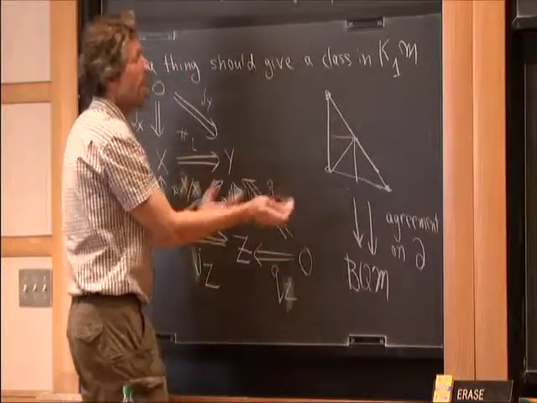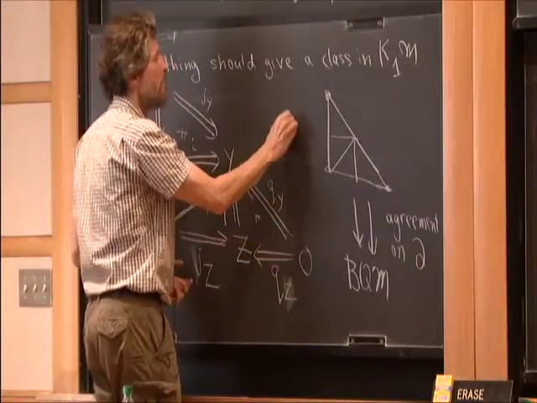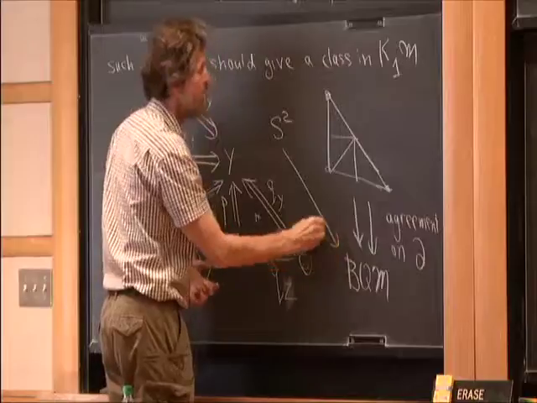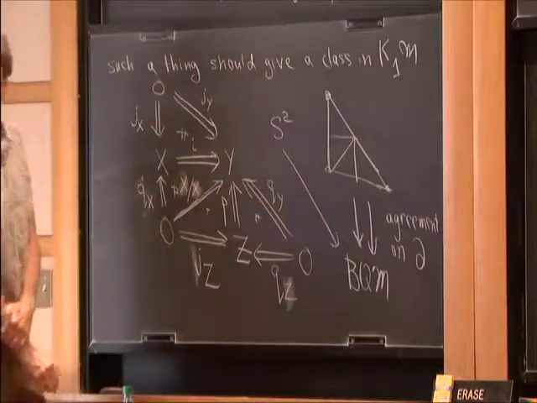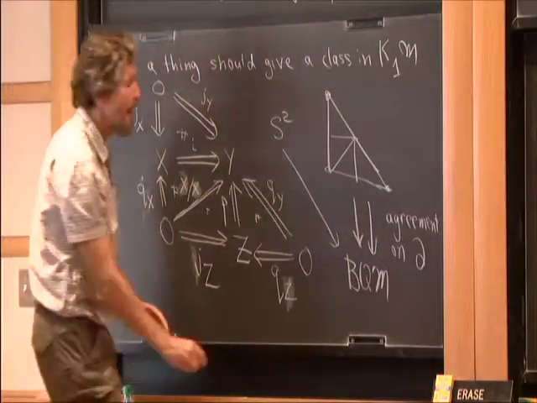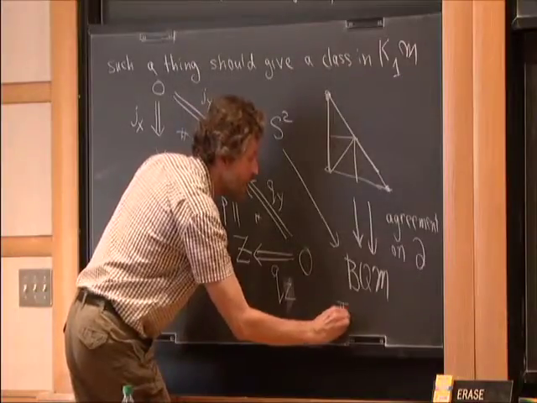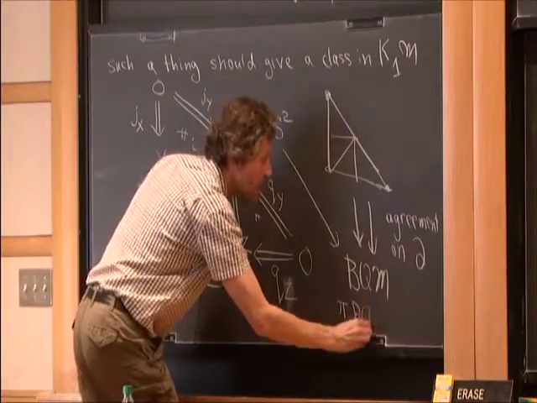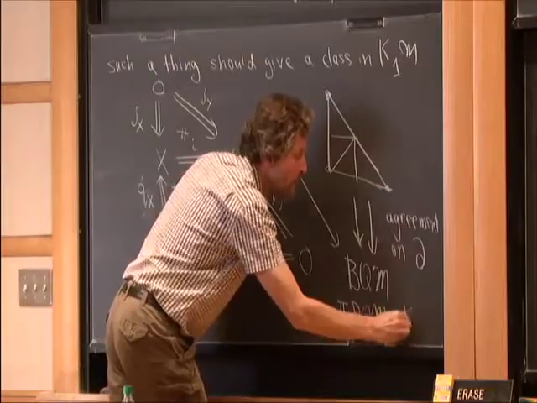And so by gluing, we can parlay that into a map from S2 into BQM and take its homotopy class, and that gives us something in pi 2 of BQM, which is K1.